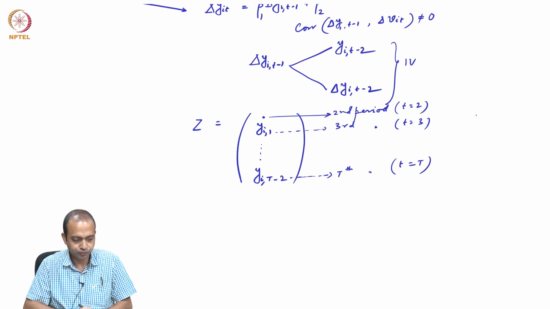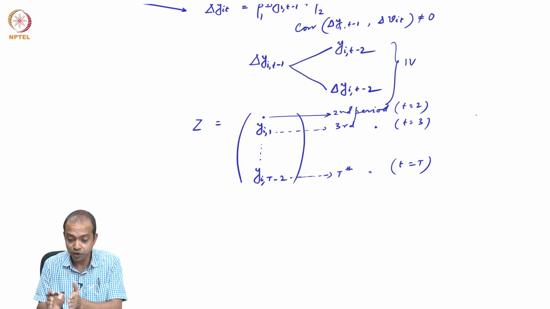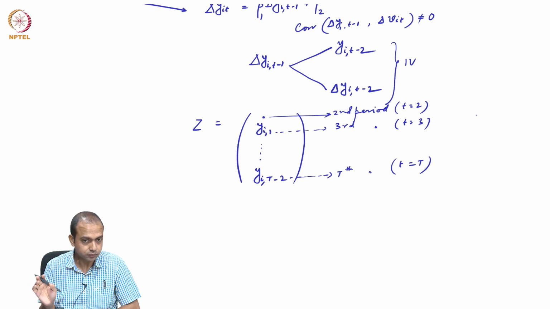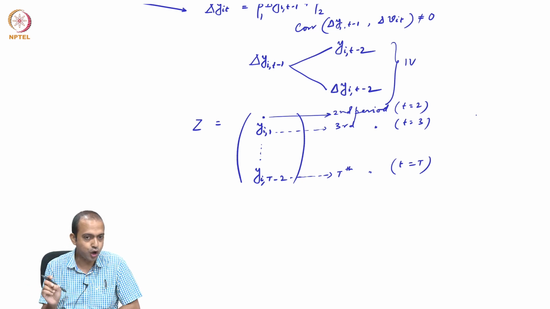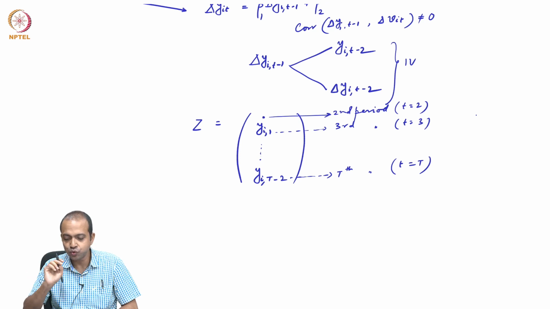The first row of this instrument matrix indicates the second period, and that observation is lost.